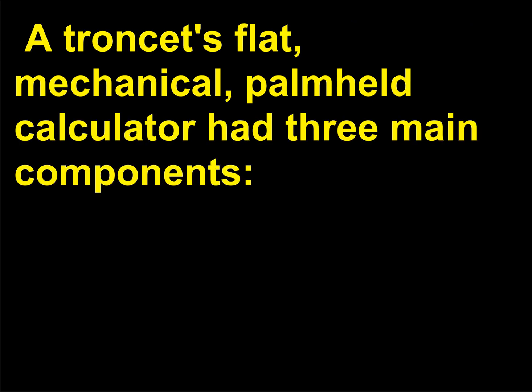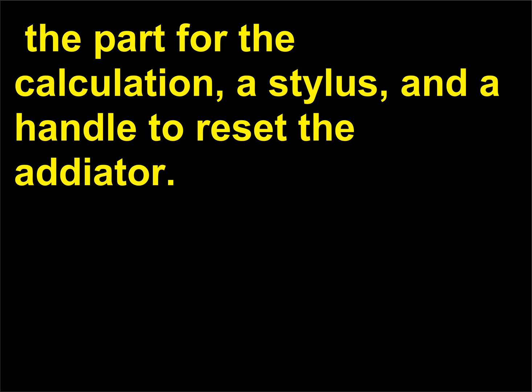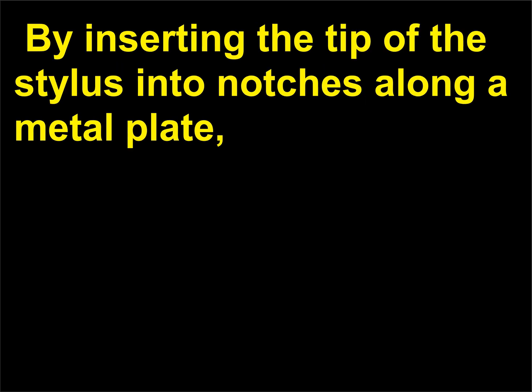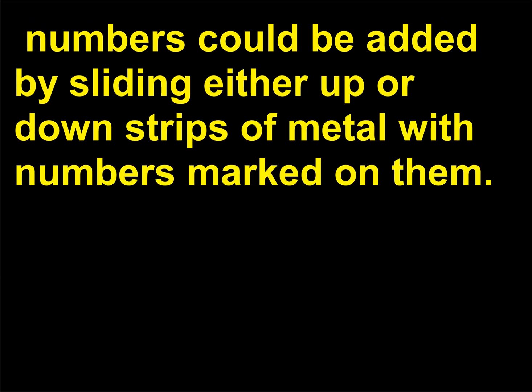A transit's flat, mechanical, palm-held calculator had three main components: the part for the calculation, a stylus, and a handle to reset the addiator. By inserting the tip of the stylus into notches along a metal plate, numbers could be added by sliding either up or down strips of metal with numbers marked on them.